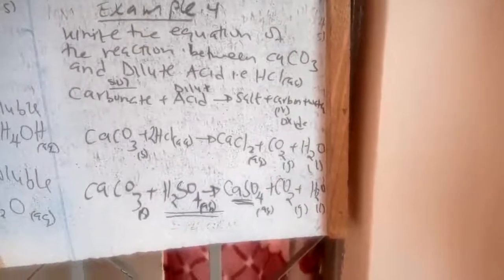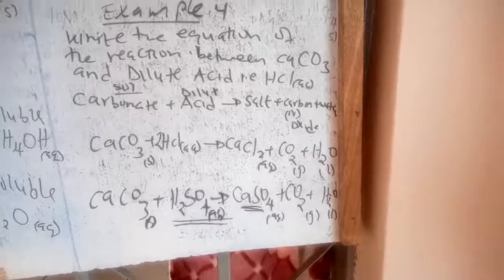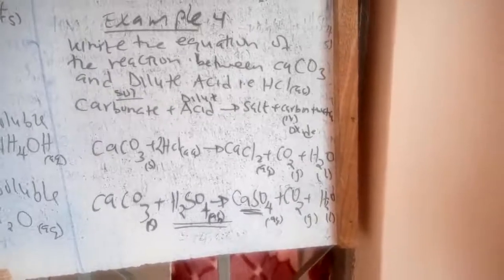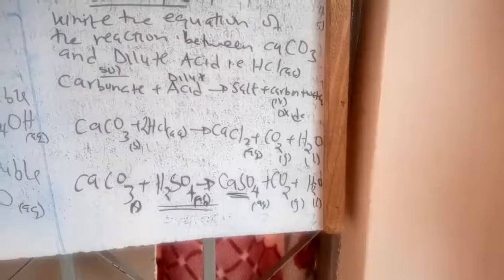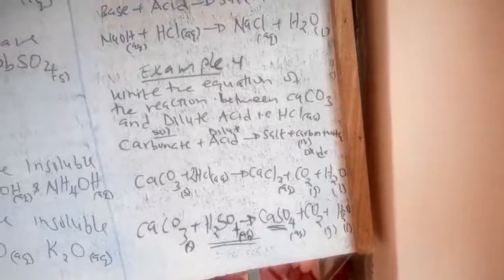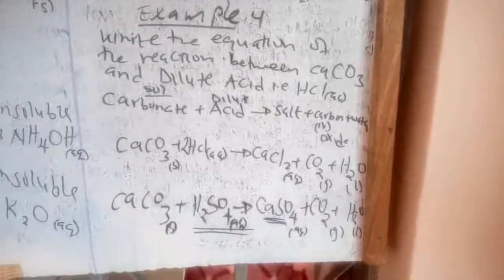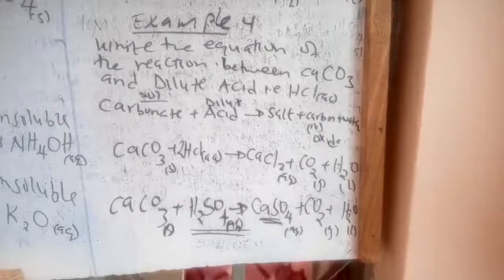What about calcium sulfate? In the second equation, calcium sulfate is supposed to be written CaSO4. Why? Because calcium has a valency of 2 and sulfate has a valency of 2 also, and therefore it becomes calcium sulfate as it is written on the white board.